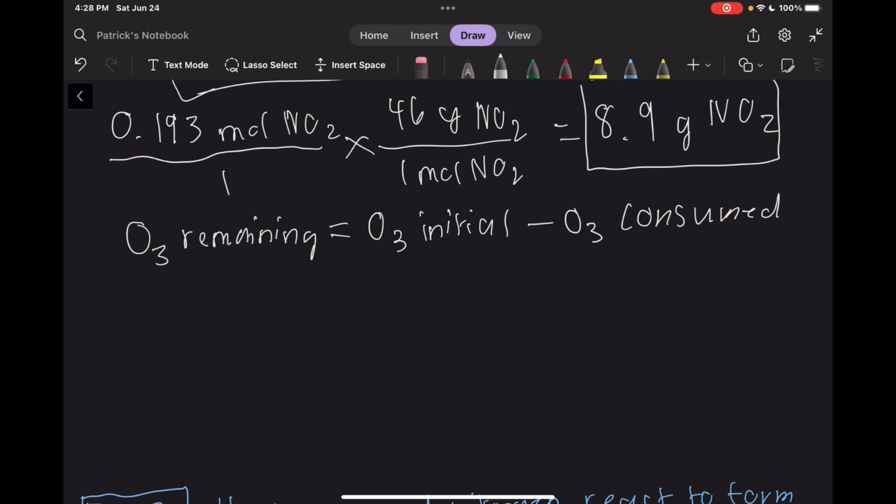We know this ratio is just 1/1 per our equation, so the moles of ozone are equal to the moles of NO2 produced, which is, again, 0.193, since the reaction stops as soon as the nitric oxide is consumed.